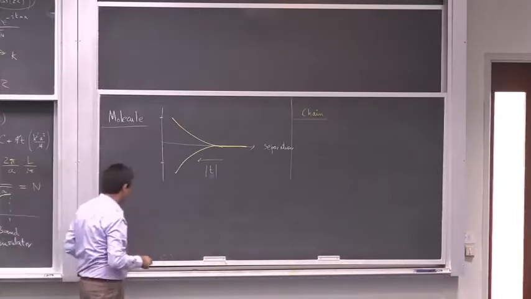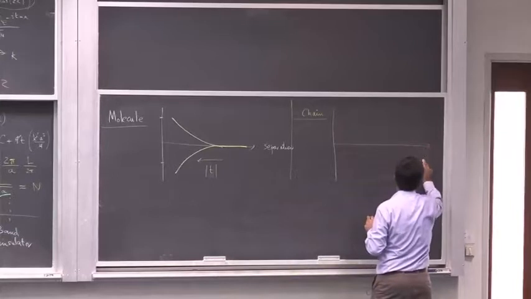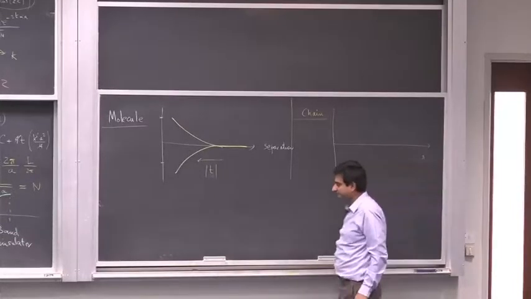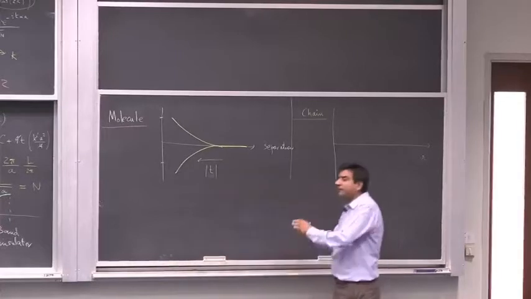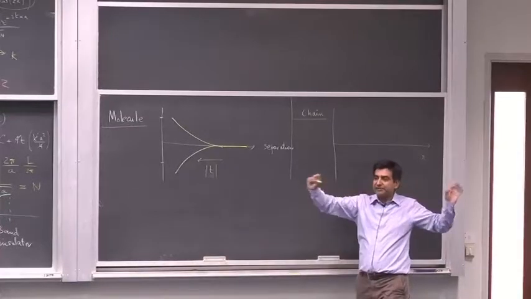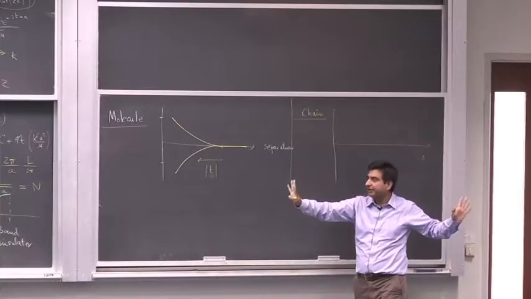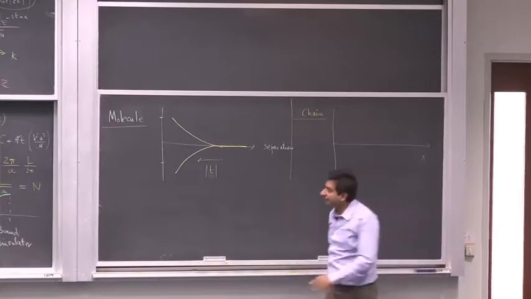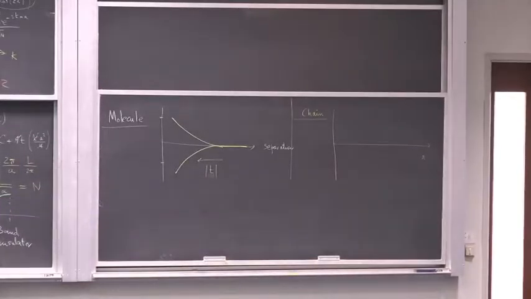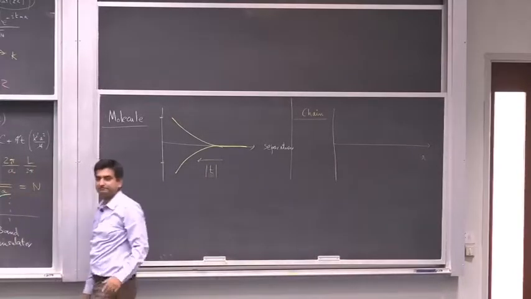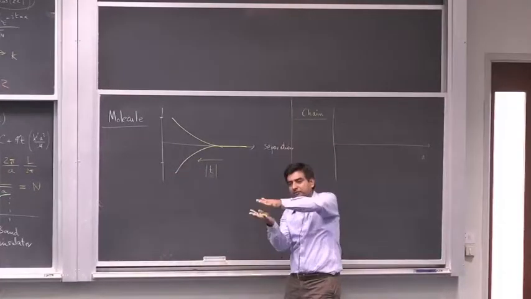So if I have the separation on this axis, let's call the separation R. Now if you are far apart, if A is large, which means T is small, if T is really, really small, then this bandwidth, the 4T, is really small. So you do not get any fanning off of the energy levels.